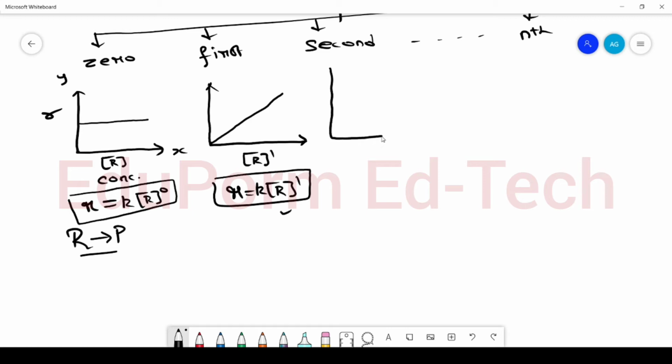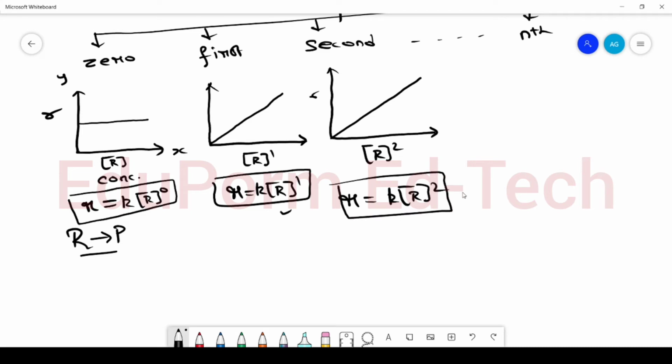Whereas the second order reaction can be shown by a graph similar to the first order reaction, but here the rate equation becomes R is equal to K [R] to the power 2. So here, with twice the increase in concentration of reactant, the rate increases linearly.